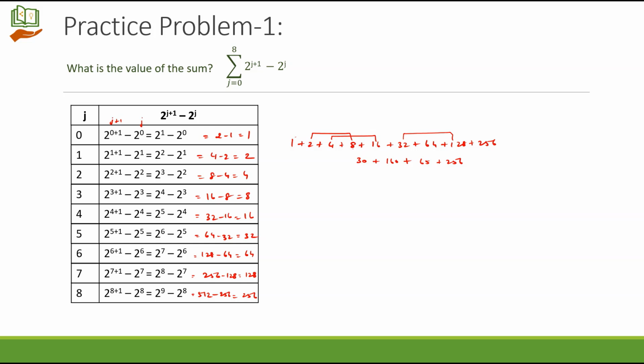So this is 190 plus 65 will have 255 totally. Altogether you will have 511 as the answer. So the summation value will be equal to 511. This series is telescoping. Each term cancels part of the term before it. We will see about this in the later part of this video.